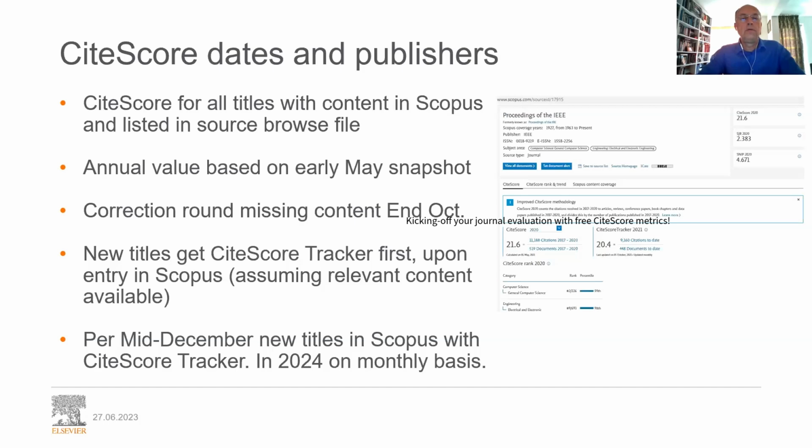The annual value is always based on a snapshot early May. This year it was the 5th of May as well, but we release it a month later because we take some time to also give publishers, which we send the file under embargo, to prepare their promotions and other analysis they'd like to do before the actual release.